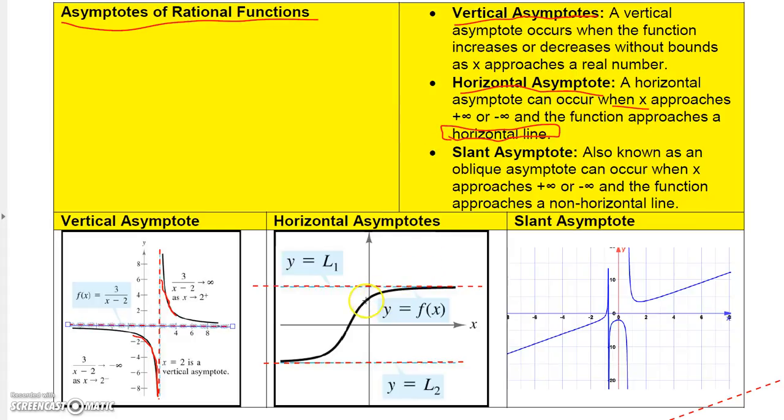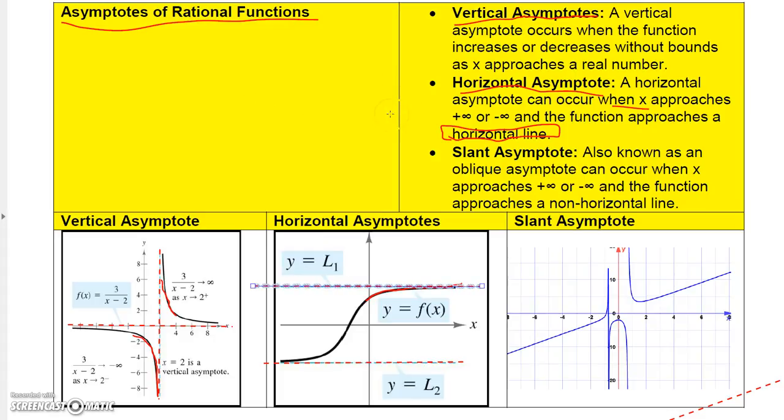So right here on this graph, you'll see that as x gets larger and larger, this graph tends to level off at this particular line right here. So that line is called a horizontal asymptote.